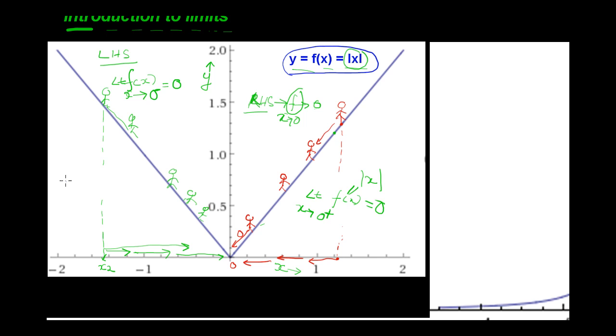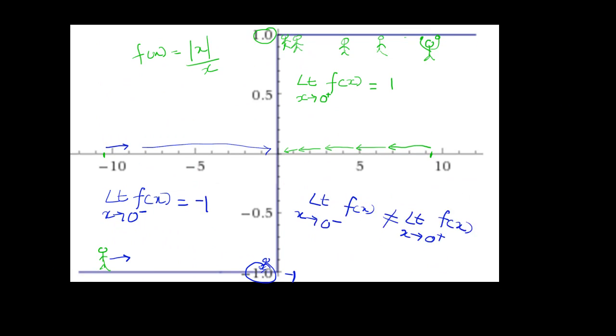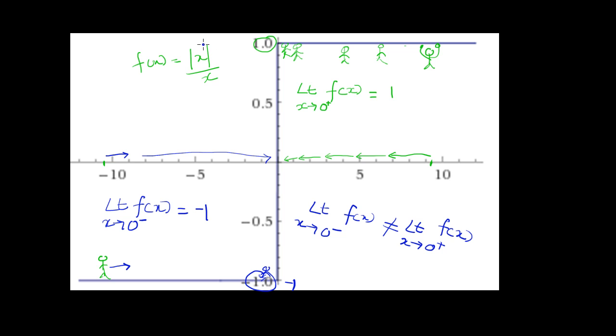That is, the limit of f of x when x tends to 0 from the negative direction is equal to the limit of f of x when x approaches 0 from the positive direction. Both were equal in that case, and in the second example, where the function was defined as f of x equals the absolute value of x divided by x, these two quantities are not equal.